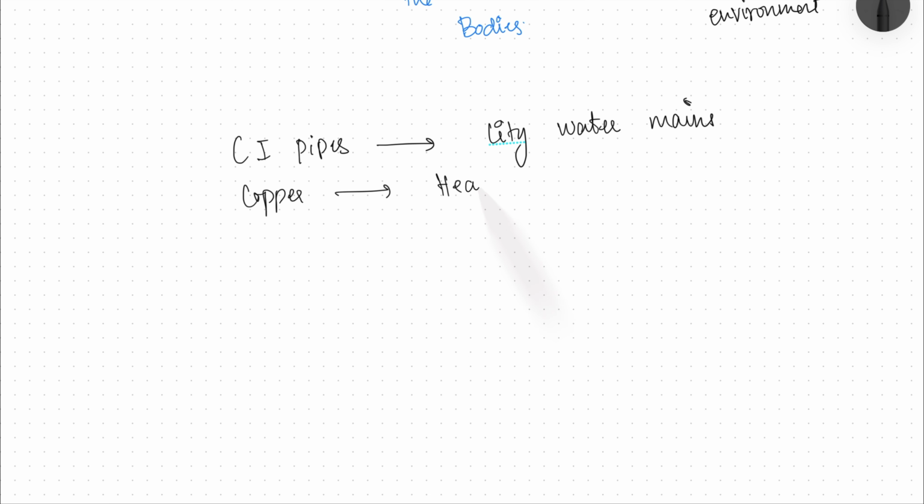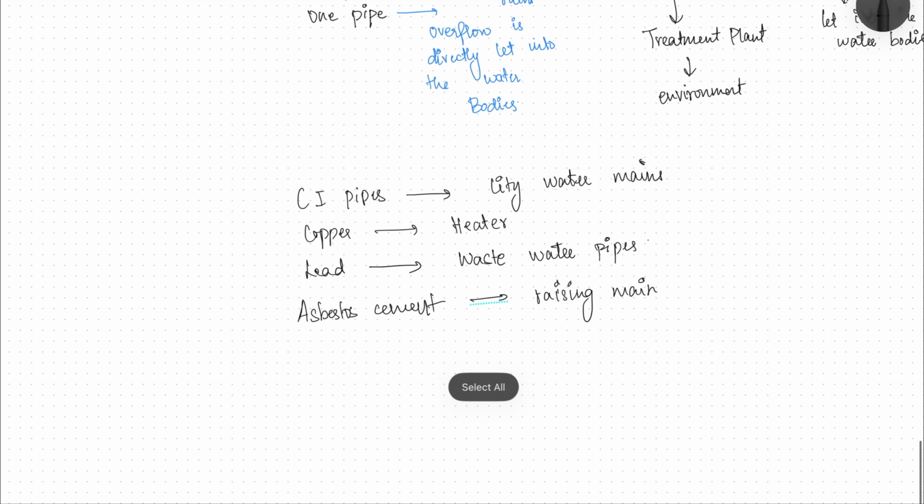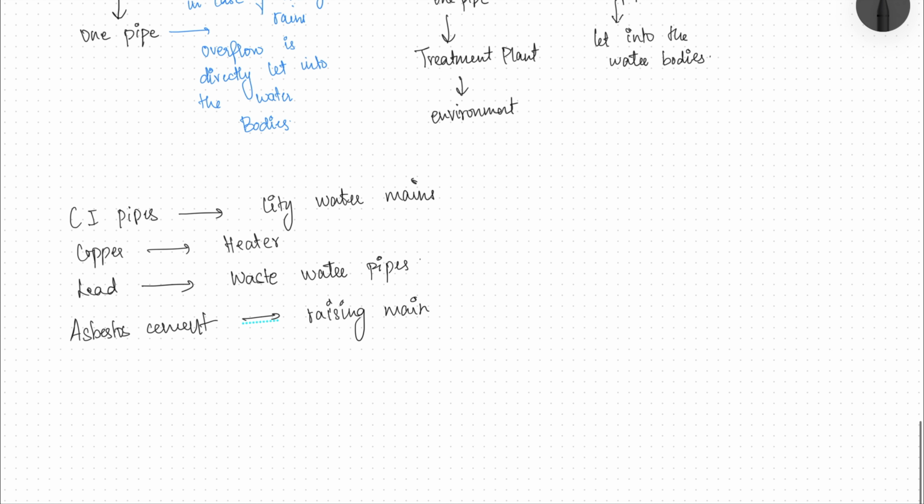Then you have lead, mostly used in your wastewater pipes or discharge pipes. Then you have asbestos cement. These pipes are usually used in your rising main and other distribution pipes.